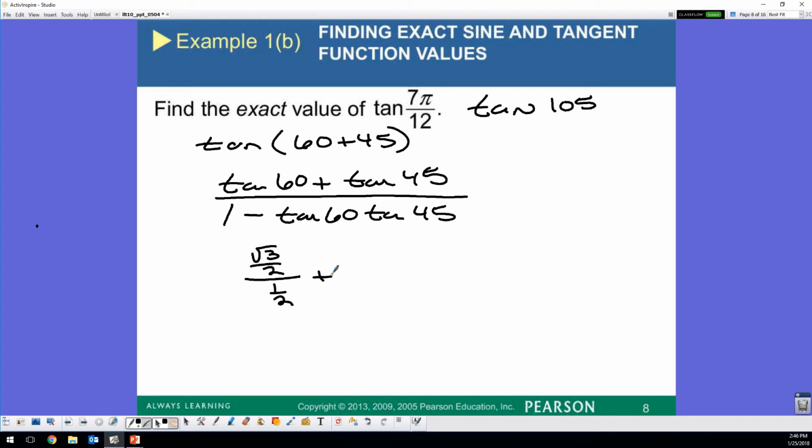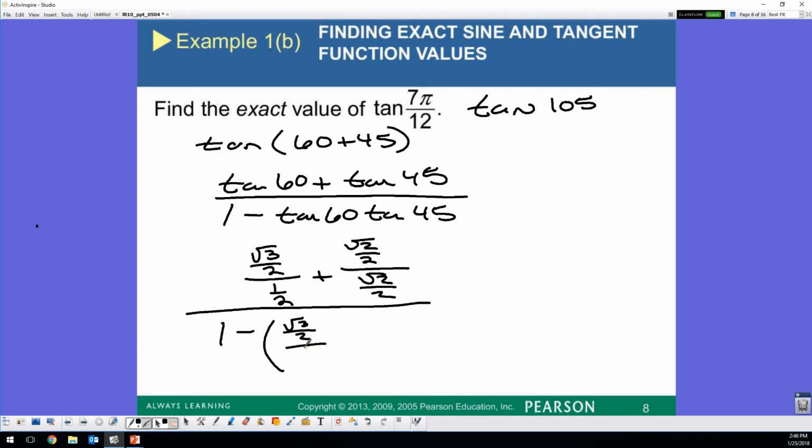What's the y? Very good. Rad 2 over 2 all over rad 2 over 2. That's the numerator. The denominator here: 1 minus. Same thing. Tan 60 comes out to be rad 3 over 2 over 1/2 times rad 2 over 2 all over rad 2 over 2.